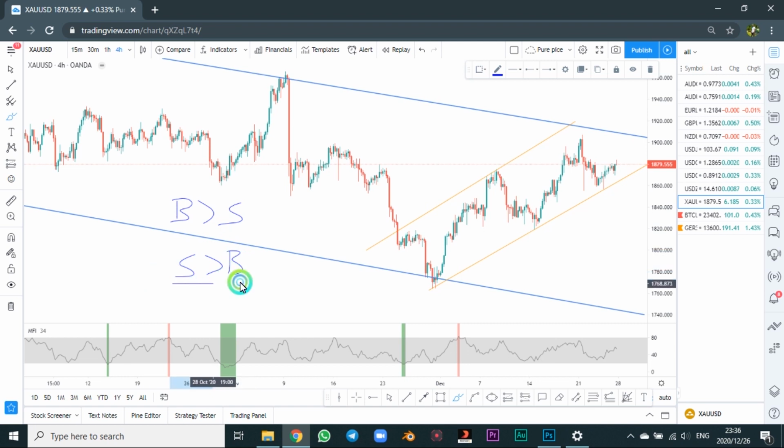So once you are able to spot these two things in the market, you already have an advantage, you have an edge over the market, because now you understand that if buyers are more than sellers, for the market to continue and flow, we will need these guys in the market. Same thing applies here. Once you see that we have sellers more than buyers, for the market to continue to flow or for you to benefit from the market, you need to be a buyer. You need to be a buyer.